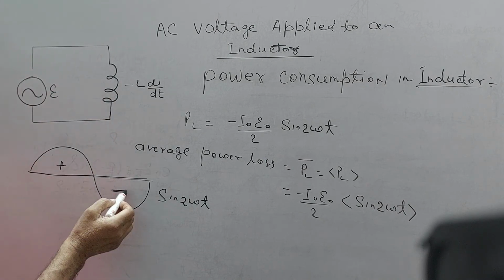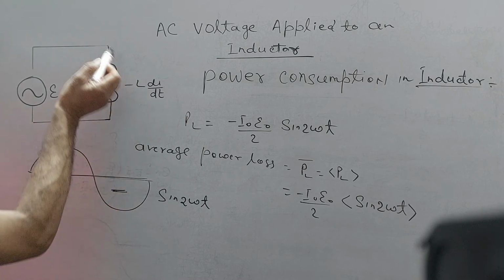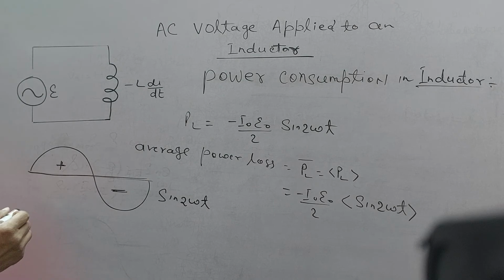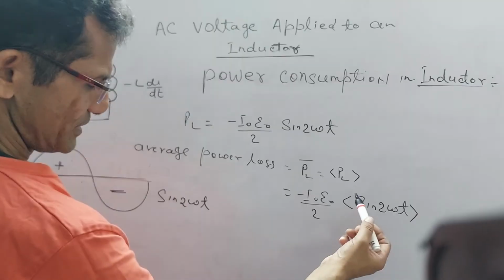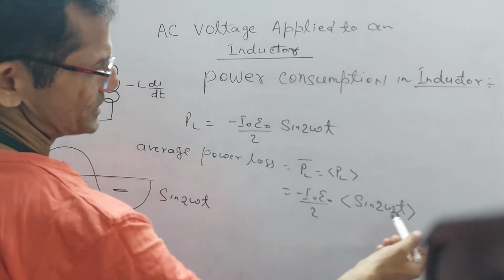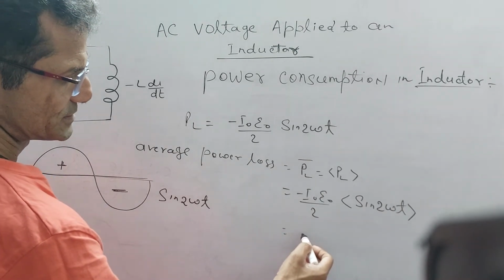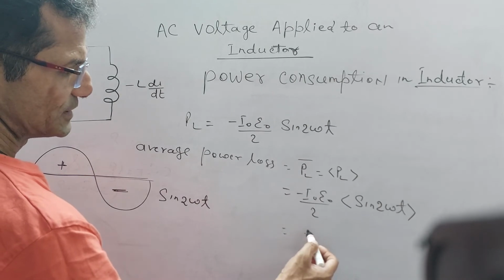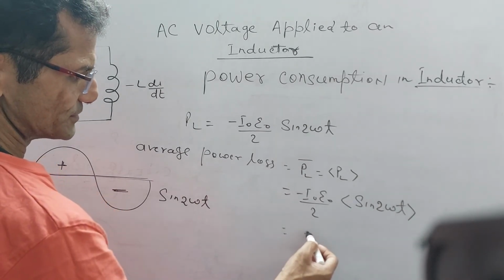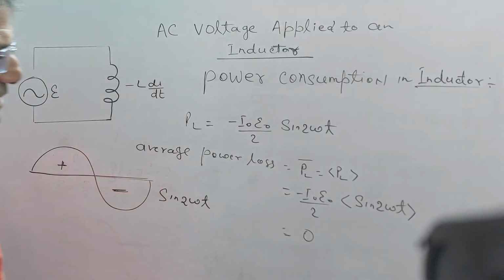In the second half, power is returned back by the inductor to the source. So in this way, no power is lost across the inductor. The average power loss through sine 2 omega t becomes 0. We already discussed in the last part how to calculate this value mathematically. The average comes out 0, so the total power loss across the inductor becomes 0.